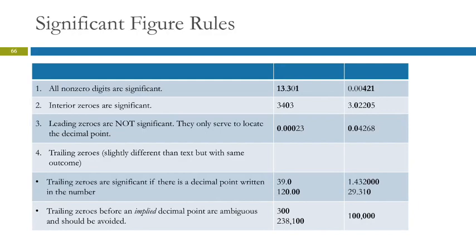Leading zeros, zeros that come at the beginning of the number, are never considered significant. These zeros, 0.00023, those zeros are there to hold the decimal point. That's all they're doing. They are not implying measurement. This one over here, 0.04268, it's holding the decimal point.